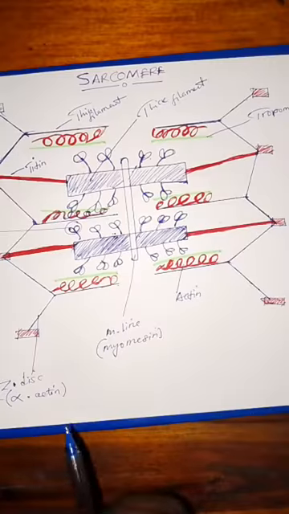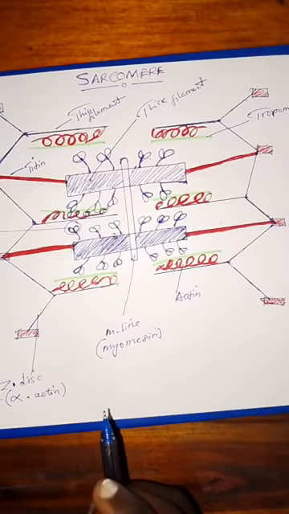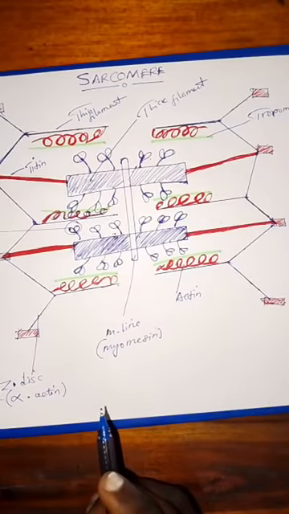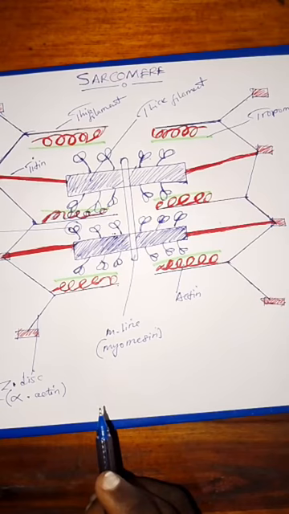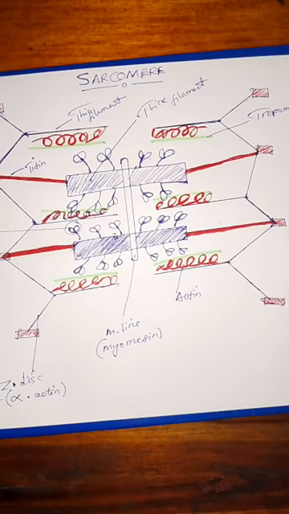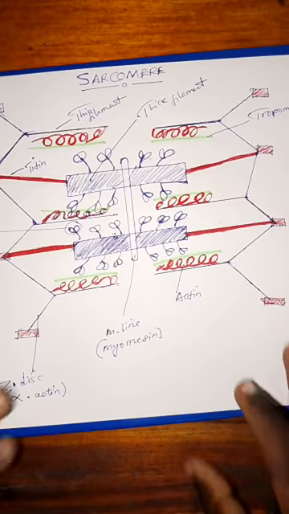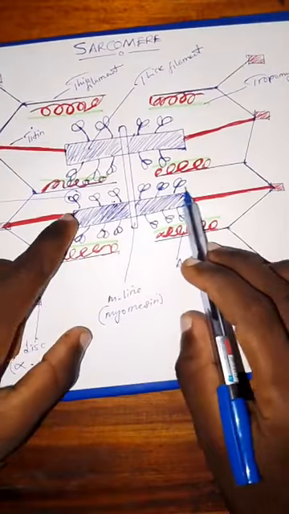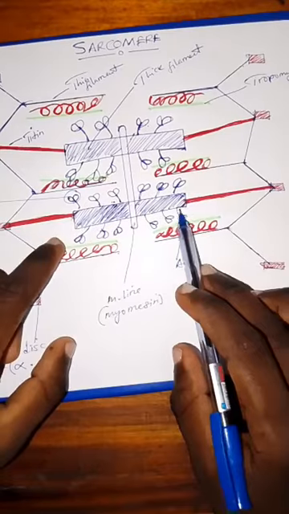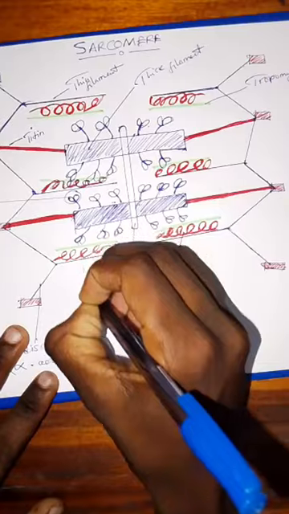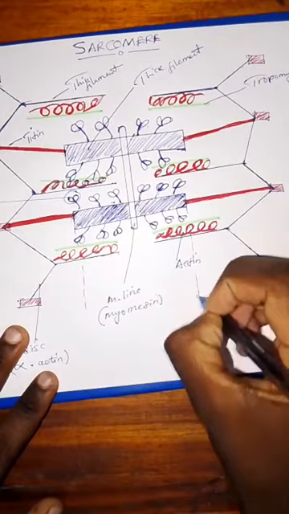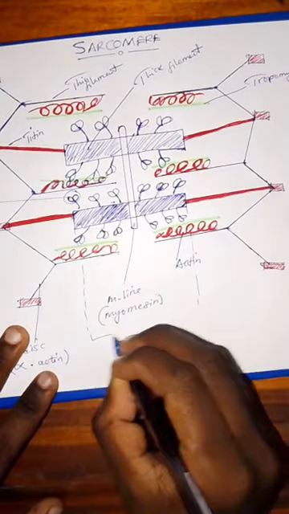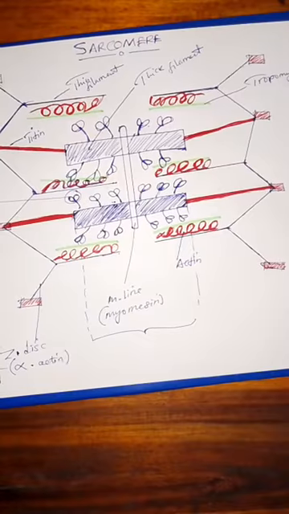Alright. So what other thing do you need to know about this? Have you seen where the thick filament is ending? The region of the same thick filament, from this region to this region, represents a certain band.